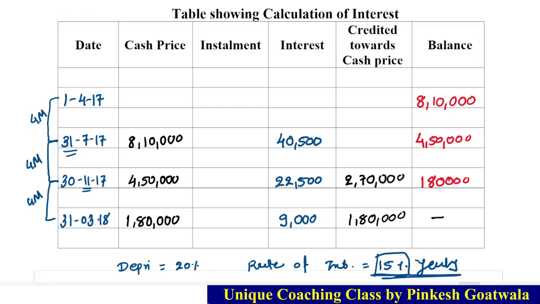Now same step, this one and this one. The total of both will be 810. So from 810 subtract 450, you will get 3,60,000. Here 360. Clear this?